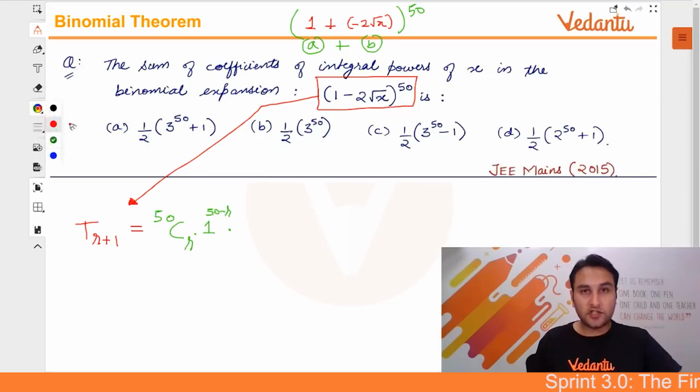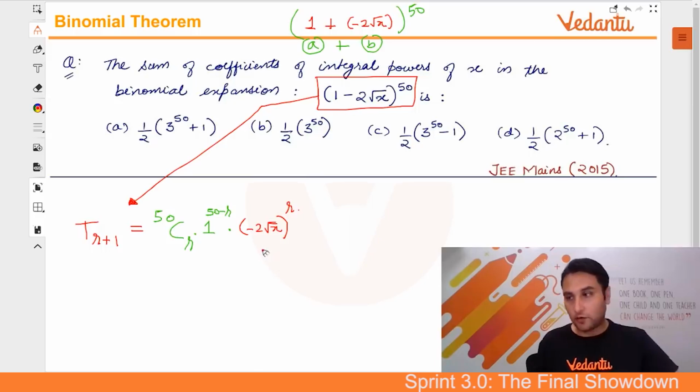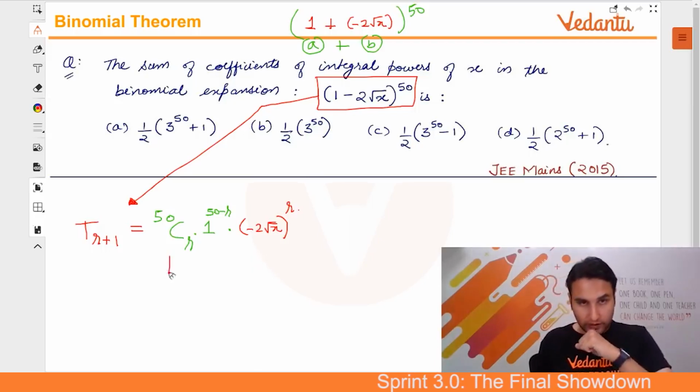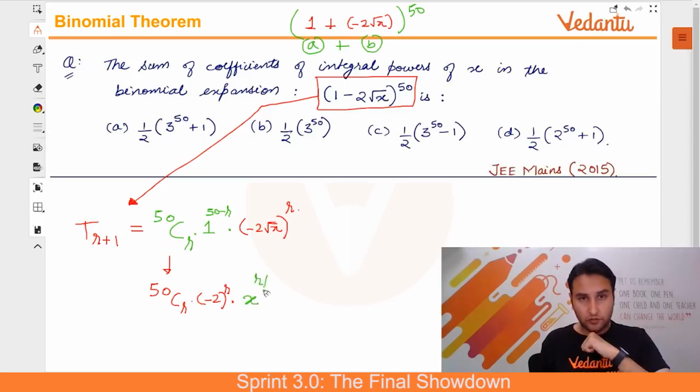Into the next term which is important is minus 2 root x की power r. That is root x is power 1 by 2, right? So you can also write this as 50Cr into minus 2 raised to power r into x की power r by 2.